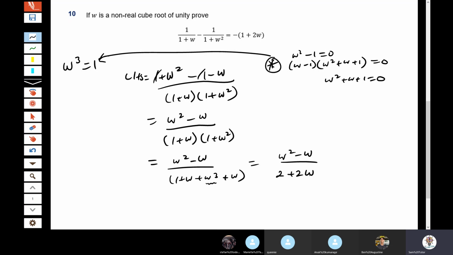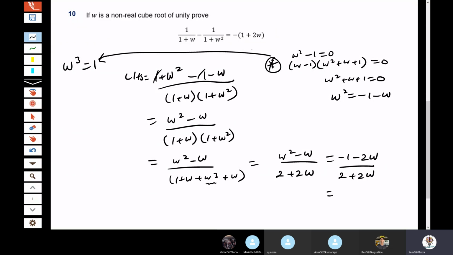Out of all 4 of these, 1, 2, 3, 4, which one? ω squared. ω squared equals minus 1 minus ω equals minus 1 minus 2ω on 2 plus 2ω. Something's weird. You need to get rid of the denominator. Yeah, but no, something's not working out, is it?